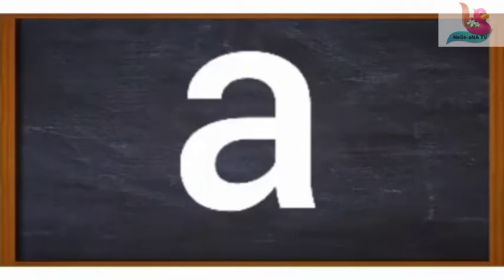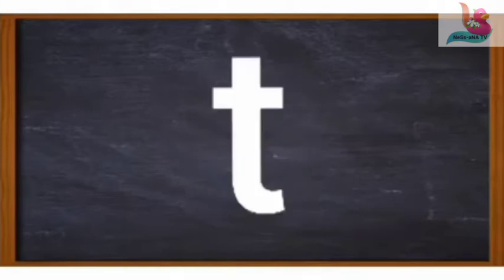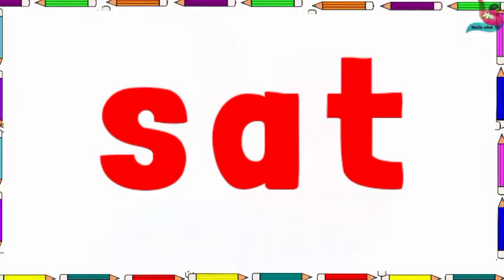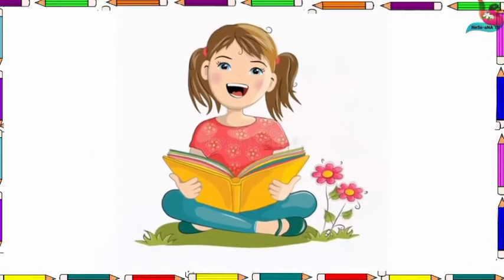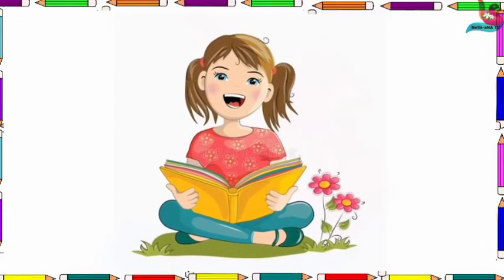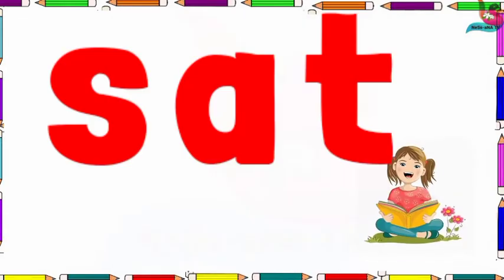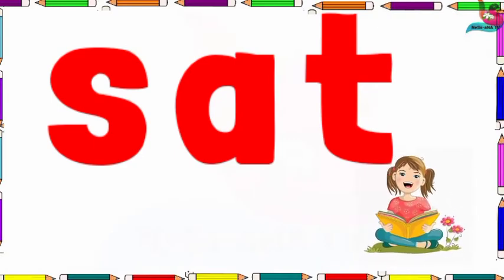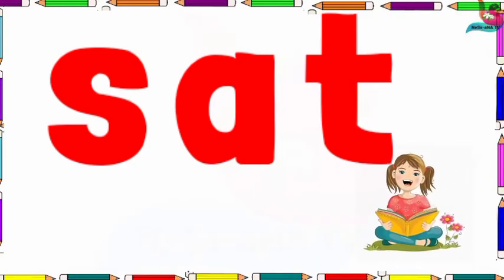S. The next one, A. Again, A. The third one, T. Again, T. And then we have S, A, T. And the 3-letter word we can form from these 3 letters is what? Sat. Very good. S, A, T. Sat.